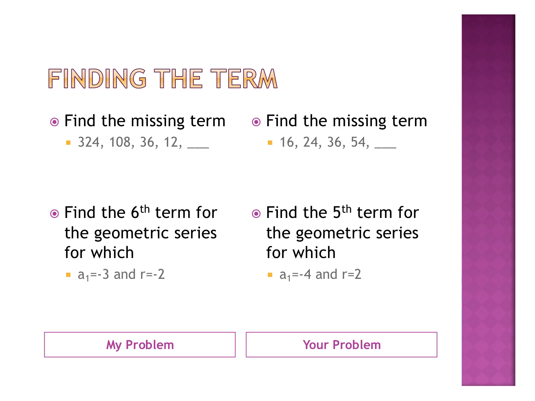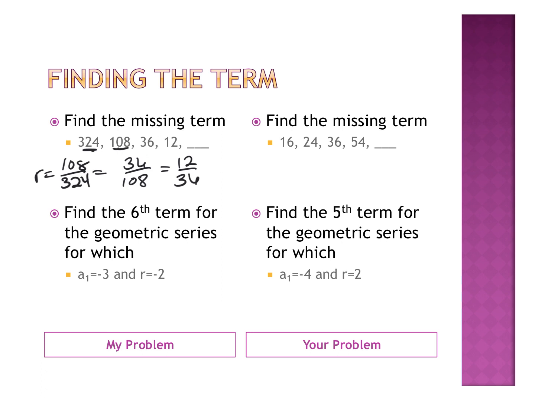So like we said, we can do a2 divided by a1, 108 divided by 324. We could do 36 divided by 108, and we could do 12 divided by 36. If these are all the same number, then it's a geometric sequence.